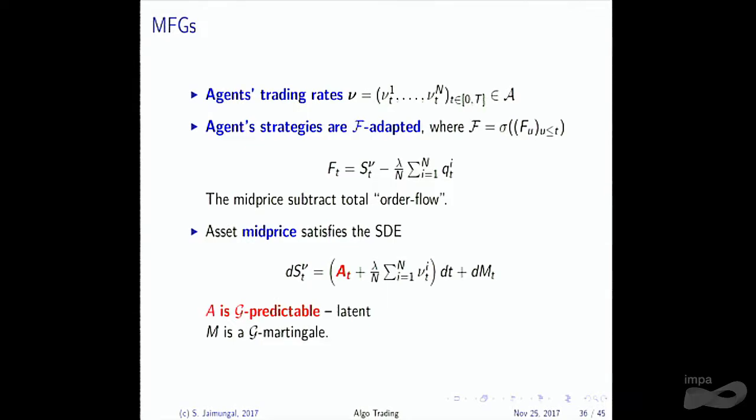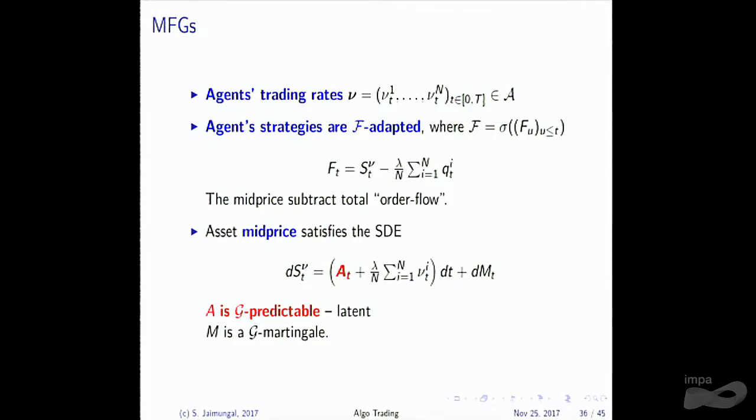So here, we're looking at a whole bunch of agents that have trading rates nu1 up to nu-n. The agent strategies are adapted to the filtration generated just by this F process, which is the same as before. So F is kind of like the unaffected price process. S is the true one. So S has a stochastic drift, which is latent.